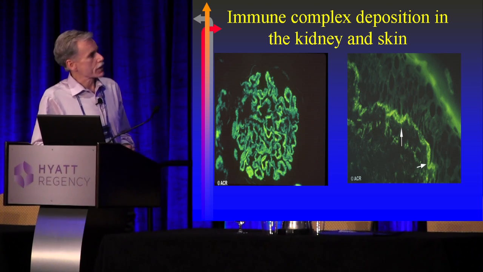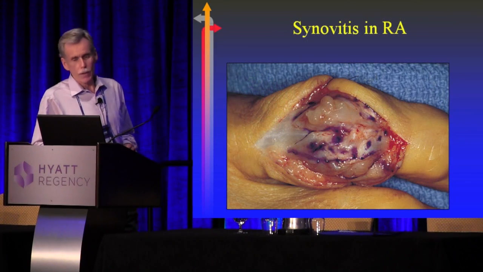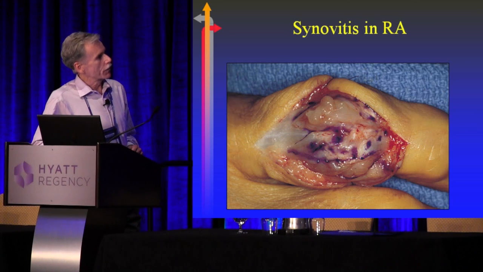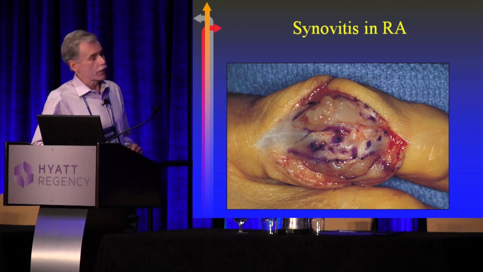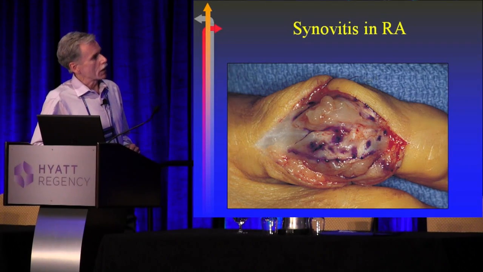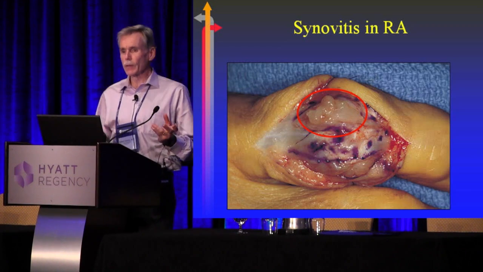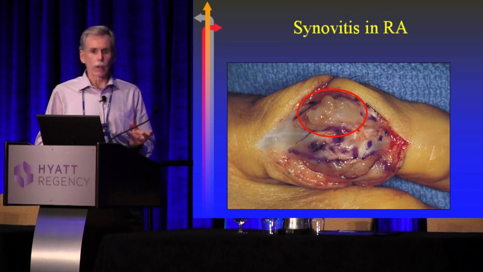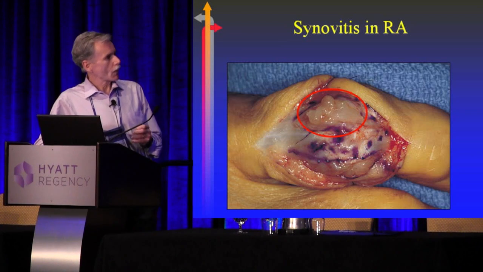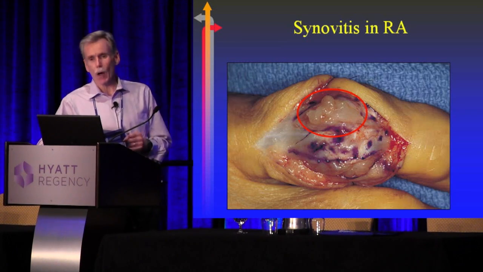Now, I apologize for this slide in a way because I know you just had lunch. But this is actually a patient with rheumatoid arthritis who is about to have a joint replacement in the finger. And I show you this slide because this blob here is actually synovium. The synovium is the lining of the joint in rheumatoid arthritis, which is the target of the disease.